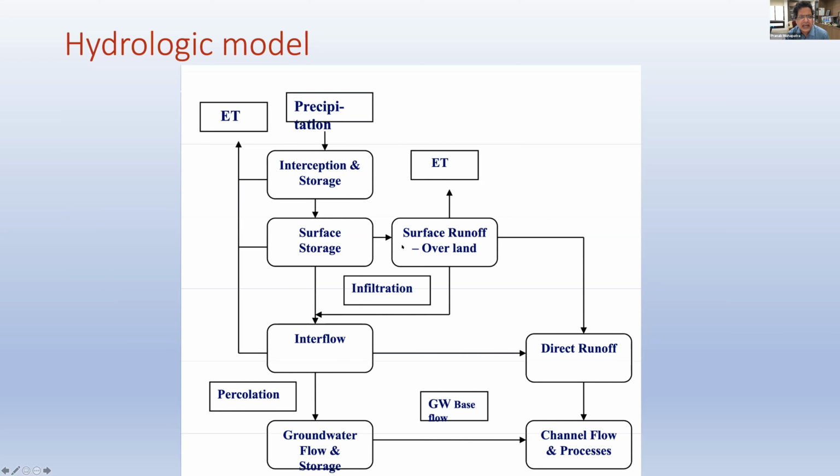These arrows indicate how the thing is moving, how it is sequentially progressing. And depending on that, finally, we find out what is the channel flow, or what amount of water from the catchment, because of different hydrological processes, there will be several losses, but then there will be something which will contribute towards the river.